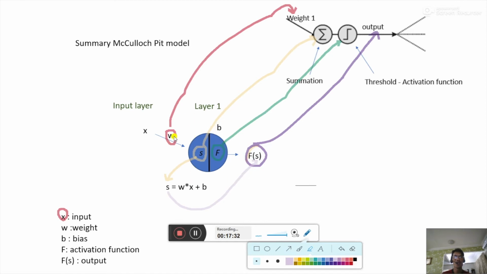If you change W, it changes the output. If you change B, it also changes the output. Based on B and W, you can make the value low, spike, or low.